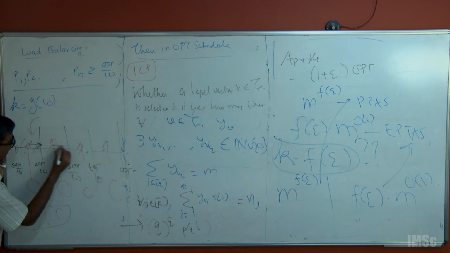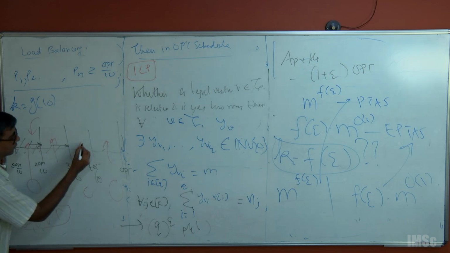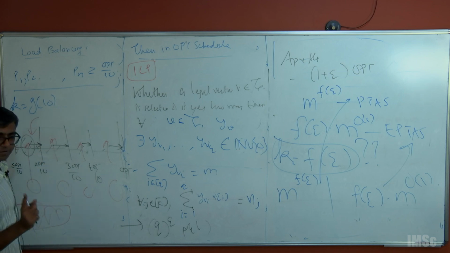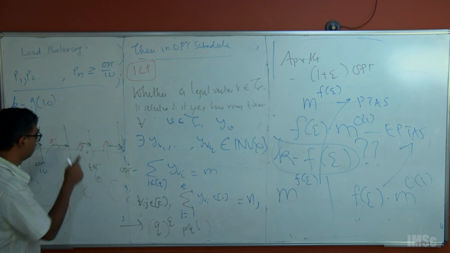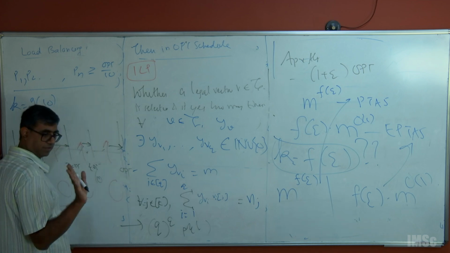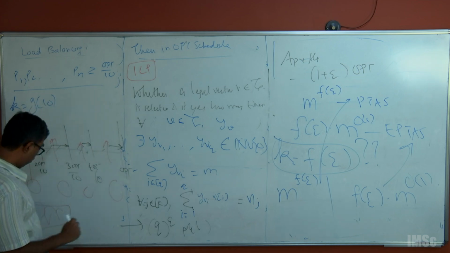So I change everybody. All the jobs that fall in this bucket, what is the processing time from now onwards? 2 opt by 10. If anything falls here, 3 opt by 10. Whatever falls here, 4 opt by 10, and so on. Is that fine?